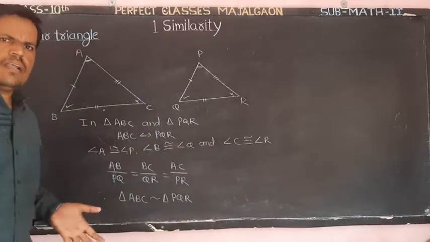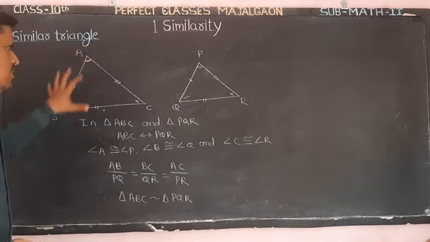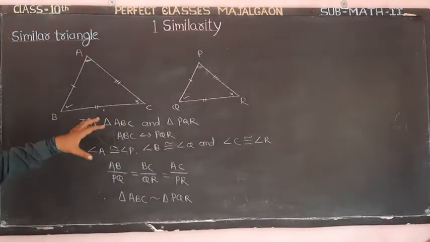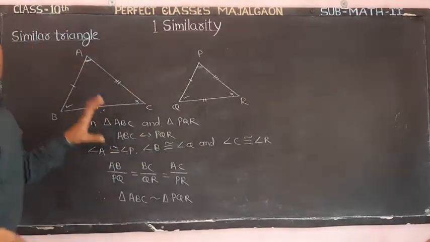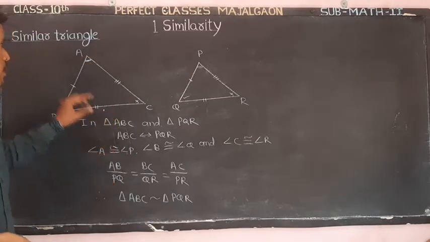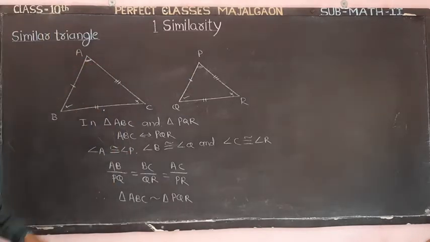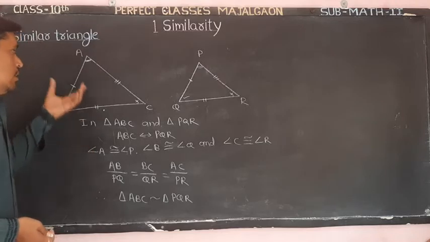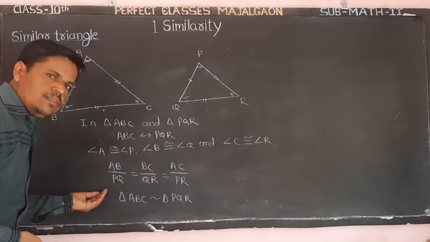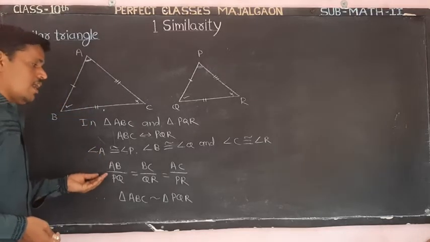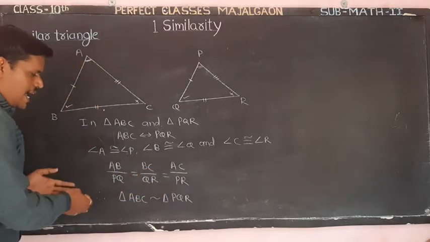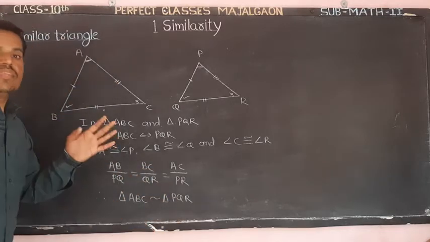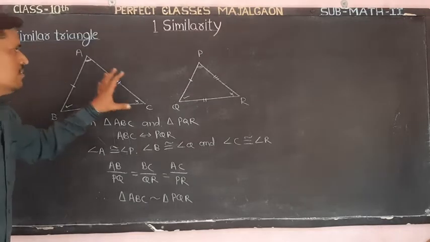When two triangles are similar, observe this. If the corresponding angles of two triangles are congruent and the corresponding sides are in proportion, then we can say that these two triangles are similar triangles.